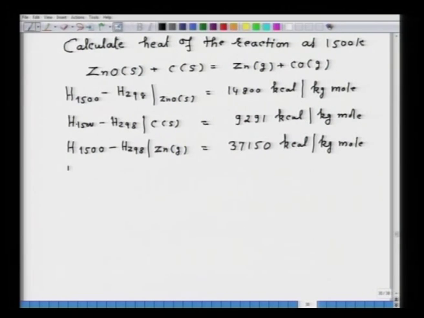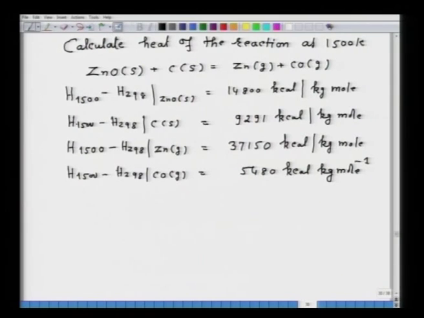Similarly, last one, H 1500 minus H 298 for CO gaseous state is equal to 5480 kilocalorie kg mole to the power minus 1. So, that is what the various values are given.